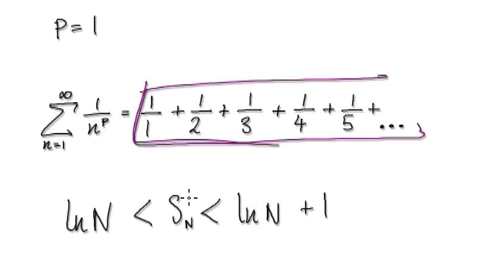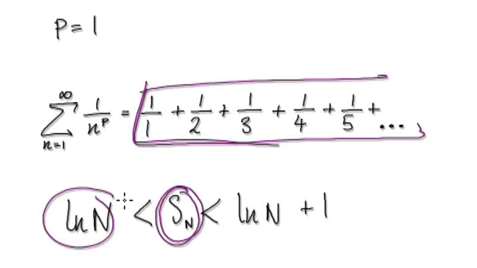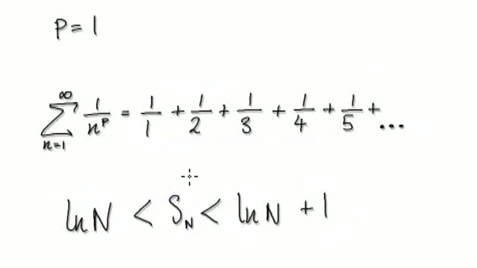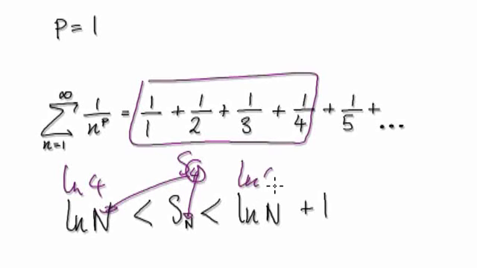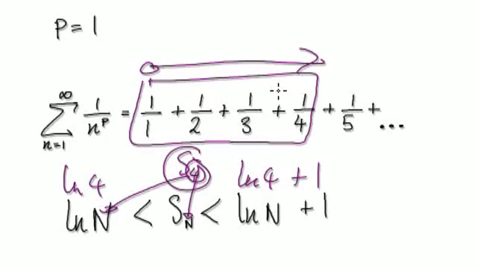For this series, we managed to track the partial sums in between this and this. So now take N, capital N, for example, let's say S4, the first 4 terms. You put a 4 into here, so it would be natural log of 4, and then here it would be natural log of 4 plus 1. So for the first 4 terms, it would be this.